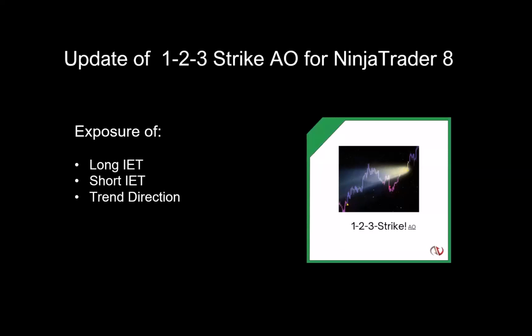And which trend we're in is indicated by the candle color of this indicator. So it is either greenish or reddish. If it's greenish, we are in an uptrend, and otherwise we are in a downtrend. We've also exposed this information now so that you can reuse it when creating your own strategies, or perhaps use our indicator in tools like Bloodhound or Blackbird.